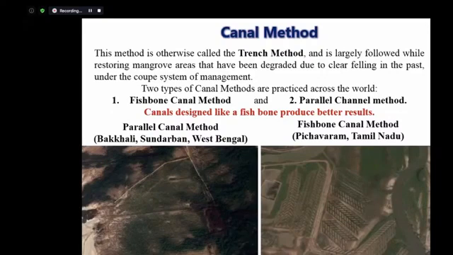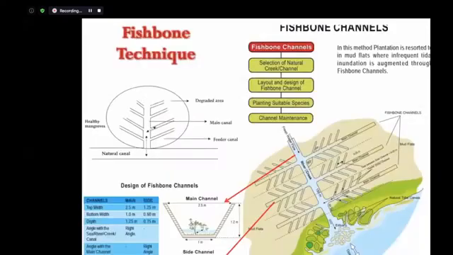The parallel method has been practiced in Sundarban under Professor Atanu Raha, who was a forest officer of Sundarban. So these 2 programs can be used to regenerate the mangrove in the Sundarban area. The fishbone technique was used by the Japanese in 2010, and they had huge success with it, so we can use these techniques also.